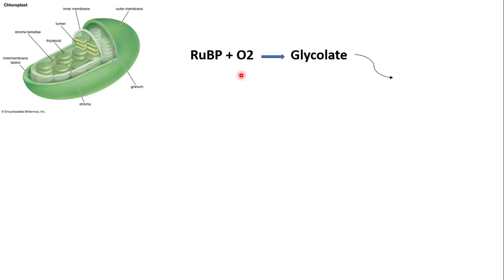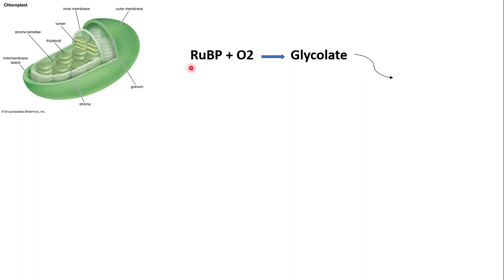Guys, this reaction is carried out in the presence of the enzyme called rubisco. And you know that rubisco is the most abundant protein in the chloroplast and probably the most abundant protein in the world. So you can see that rubisco is helping in the addition of oxygen to RUBP.